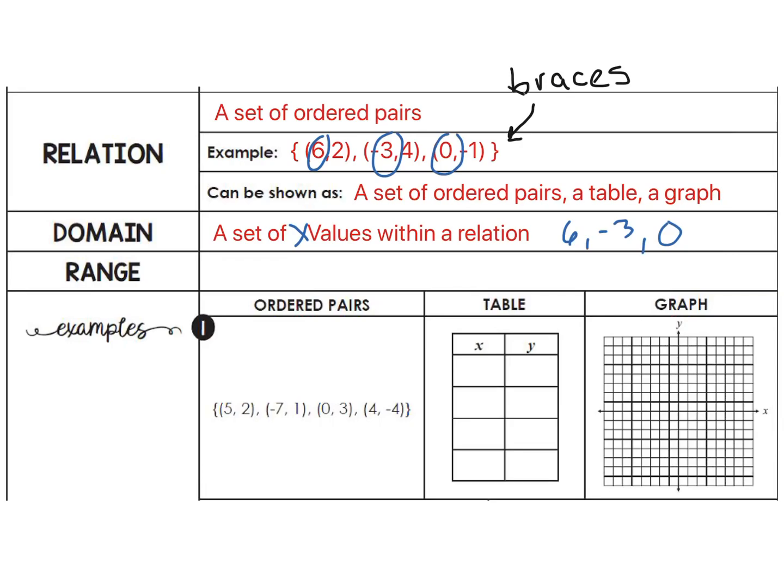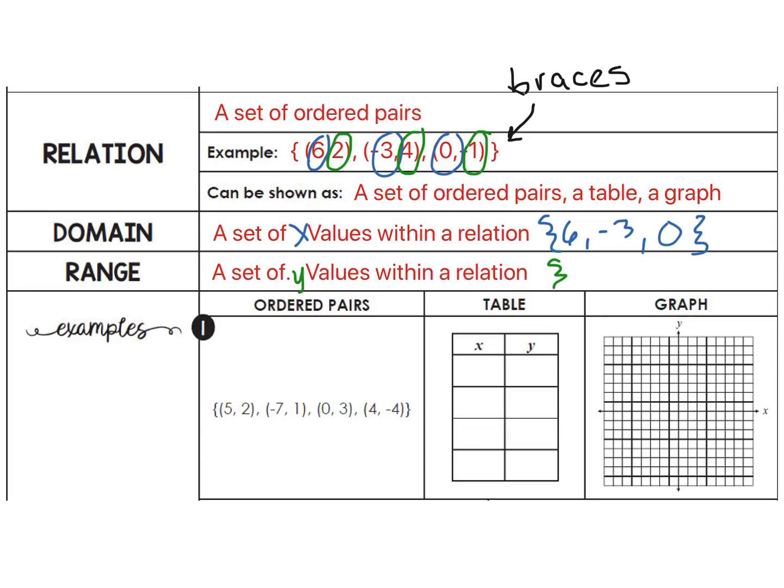The range is going to be the set of y values in a relation. And again, if I look at the example from up above, it would be 2, 4, and -1. For this very quick example, I just wrote them down in the same order that I saw them.